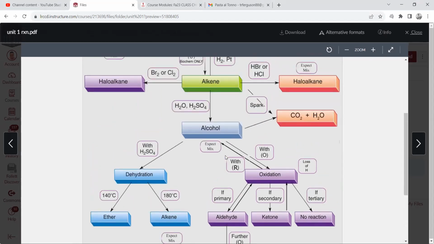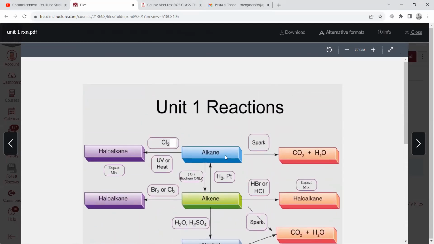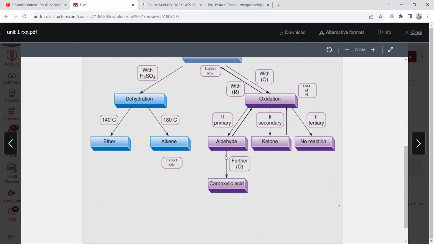This was my old unit 1 when I had 5 units. So I need to make one for the new unit 1, which would include the aldehydes and ketones without the ketals and acetals in it.